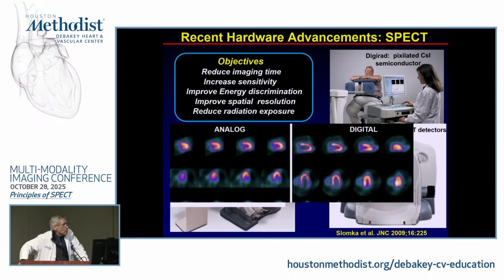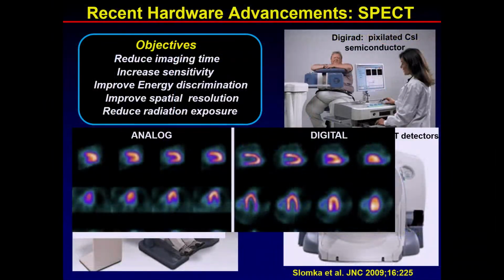And so analog imaging, which is typically with photomultiplier tubes using sodium iodide crystals, you can see on the left, and digital, which uses CZT technology, is on the right. And I hope you can see that the images on the right are crisper and cleaner and have better spatial resolution than the images on the left. And that's what we're hoping for when we do this.